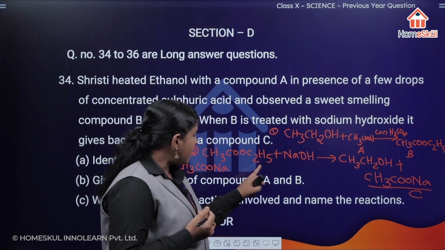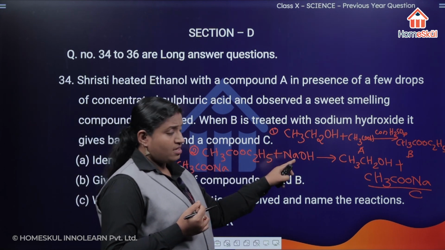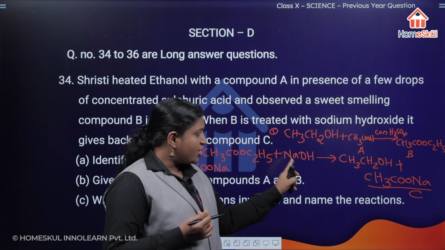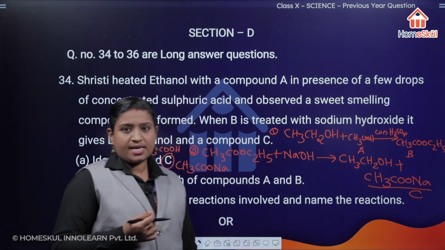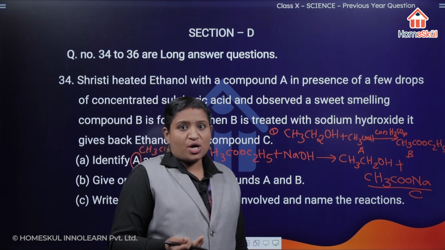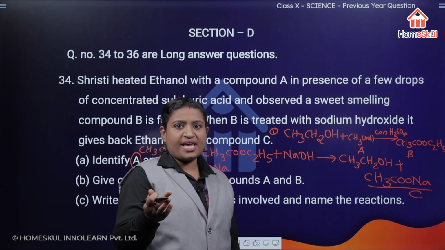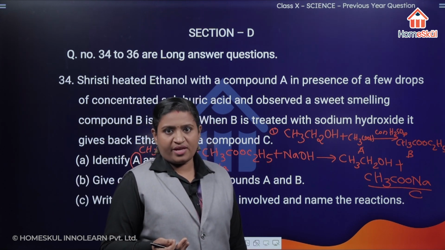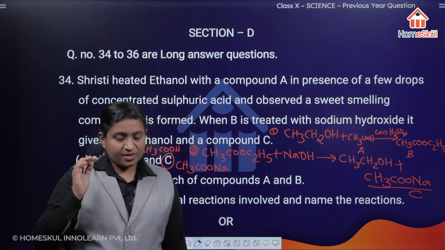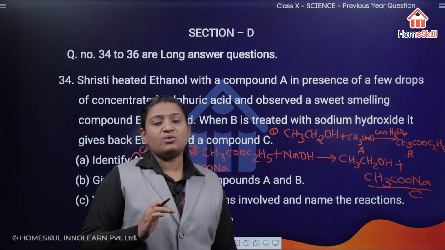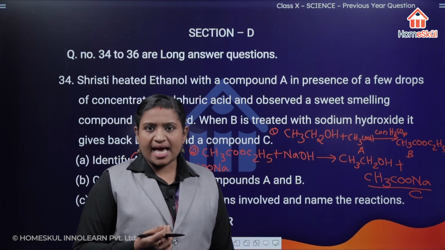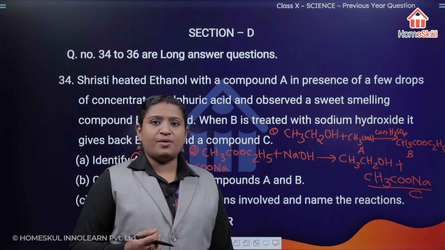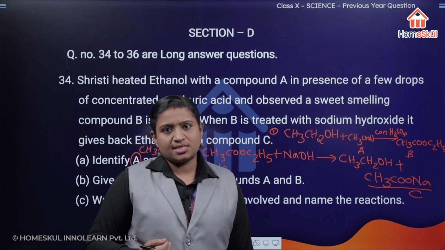In the second step, the ester combines with NaOH, and you got CH3COONa, isn't it? So that is saponification. So esterification is followed by saponification. From the chapter carbon and its compounds, this section is very important: ethanol, ethanoic acid, then preparation of soap. So give importance to those sections.